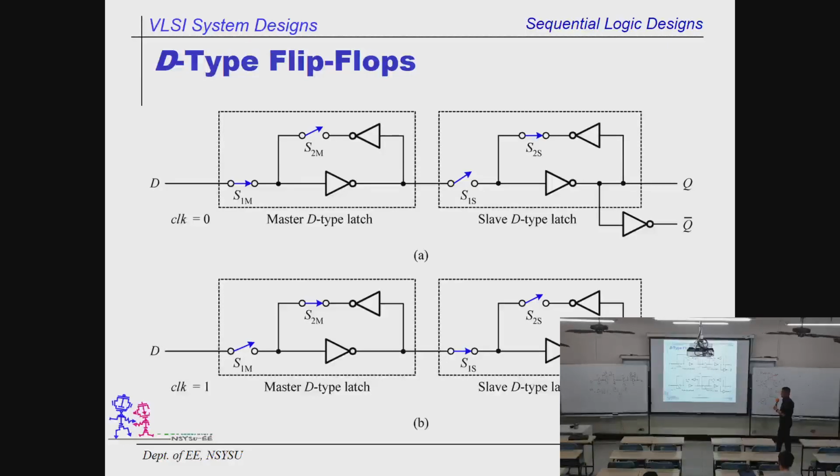It's the same operation I just talked about. It's called a D flip-flop. It's quite easy. Nothing special. Just go home and draw the figure by yourself and do some practice. You understand how the operation is. No magic at all.